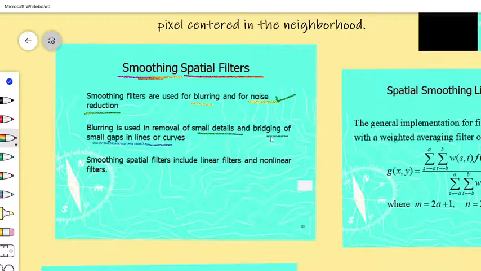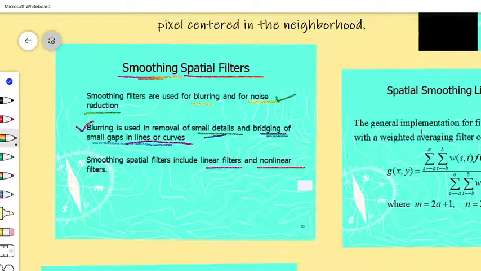When we remove a small detail in the image, it is occupied by a gap. Those small gaps are bridged in lines or curves, and then the blurring is happening within the image. Smoothing spatial filters include linear filters and non-linear filters too.